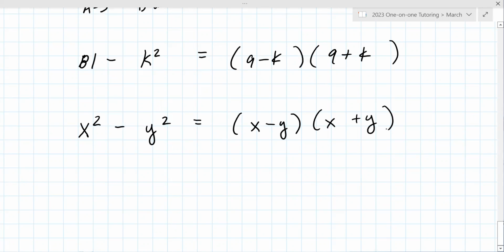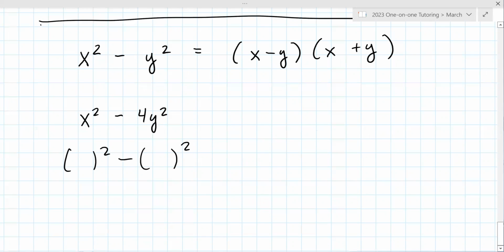You typically see something more like this, where you add a variable, but you have a number going along with the variable. So you still have to figure out what's squared to get back to the previous line. You still have to figure out your a and your b. On the left here, it's x. On the right, it's 2y.